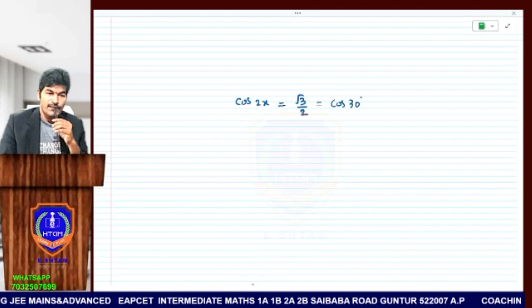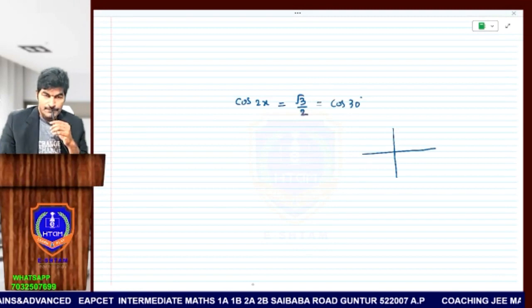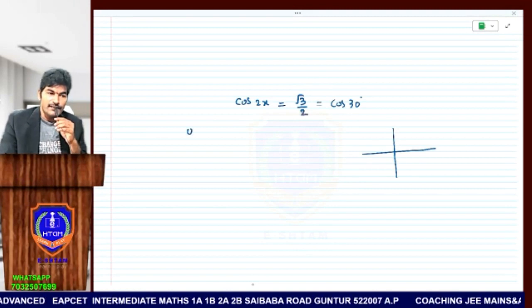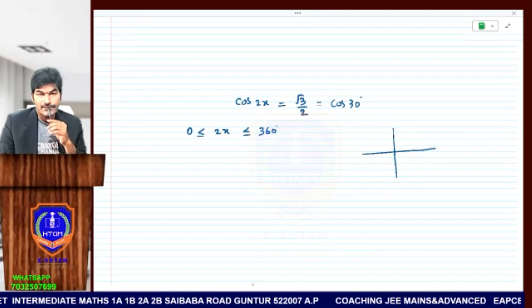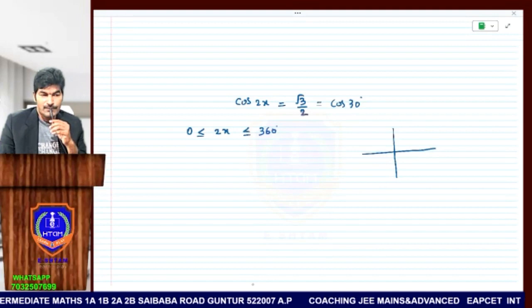And cos was positive, where 0 to 360 means you can use the coordinates. This angle lies between 0 to 360. What is that angle? 2x angle, because the angle is 2x.